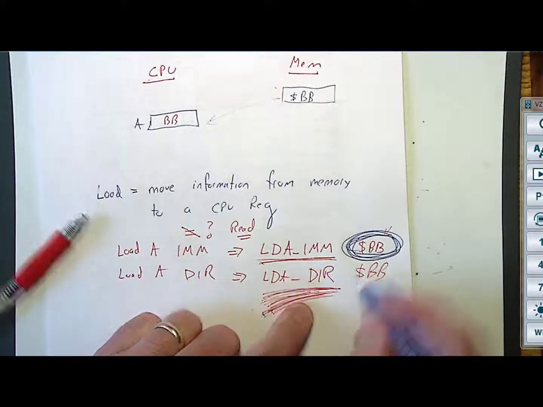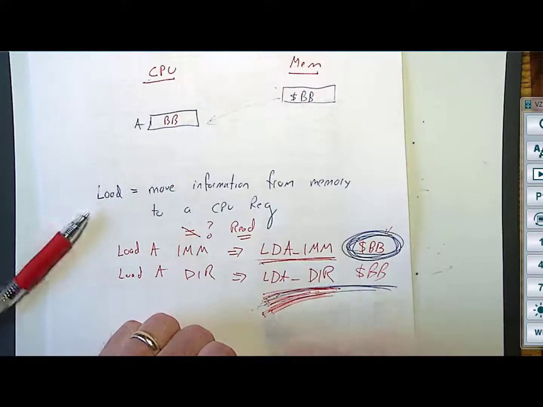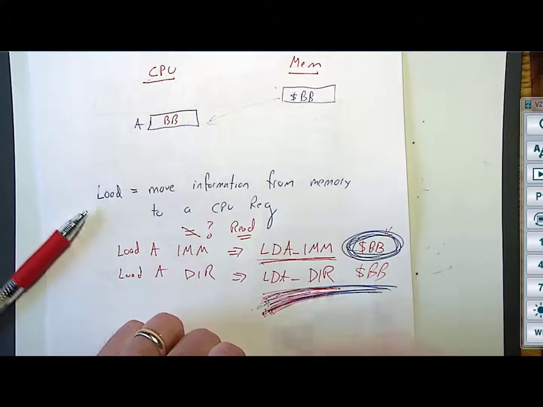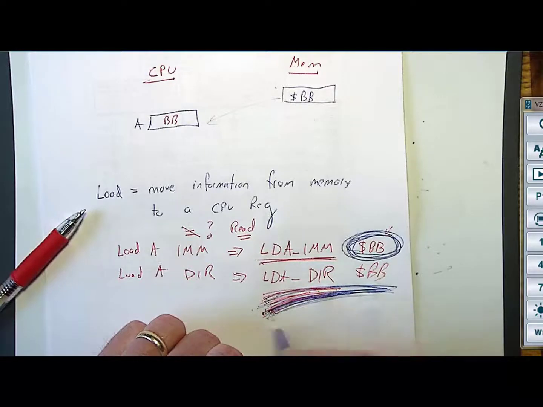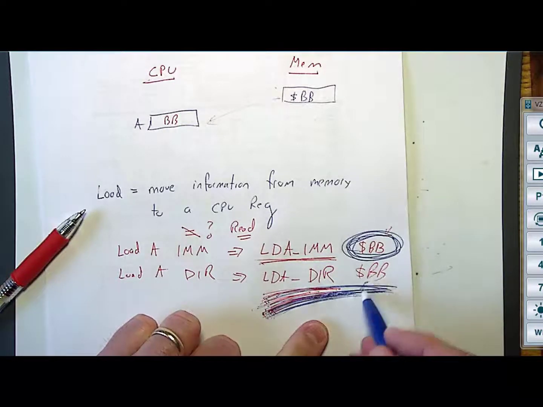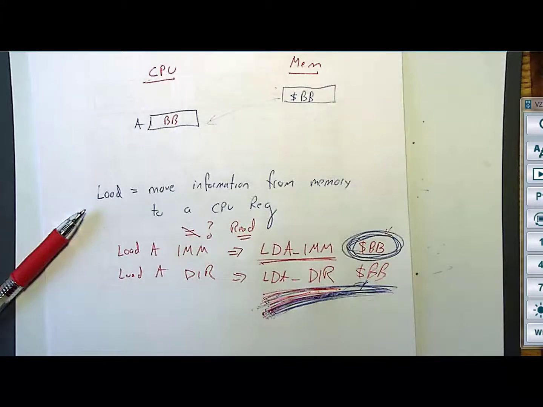If I execute this instruction, what will be in register A after I'm done? You don't know, do you? It's whatever's at address BB. See the subtle difference there? All right. This feels so good that it's time to break this down and look at details of how you execute an instruction.